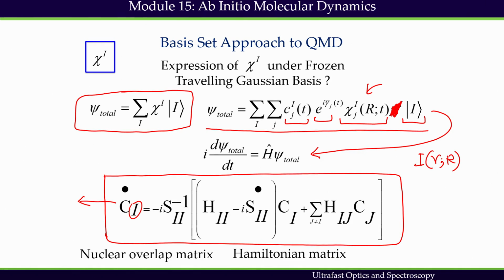So, basically this is nothing but d c j I t dt, that is given here. This time dependent coefficient we get in matrix notation like this.